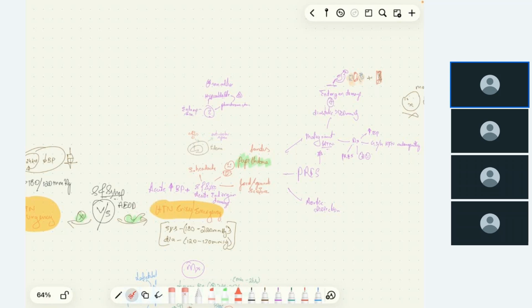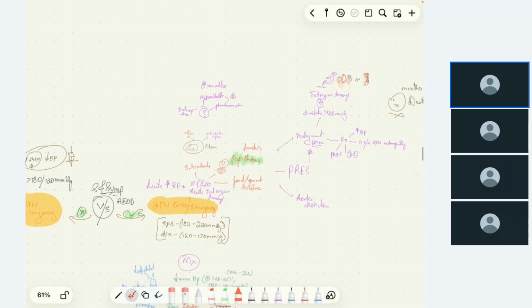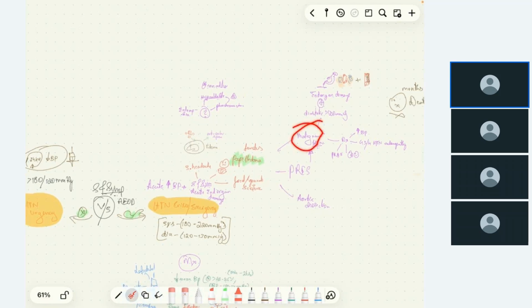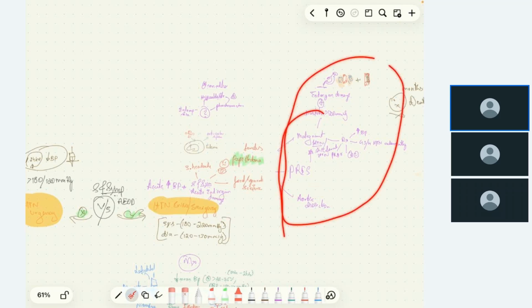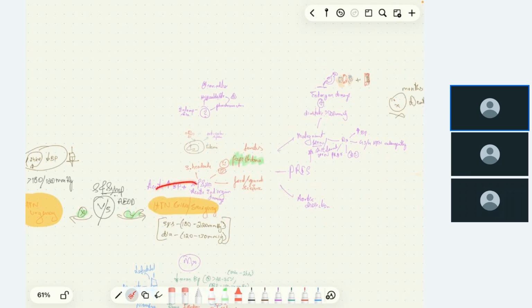Please note, the malignant hypertension, also called accelerated hypertension, posterior reversible encephalopathy syndrome, and aortic dissection are part of hypertensive crisis or emergency. These are all the subset of manifestations which are seen in hypertensive crisis and emergency.